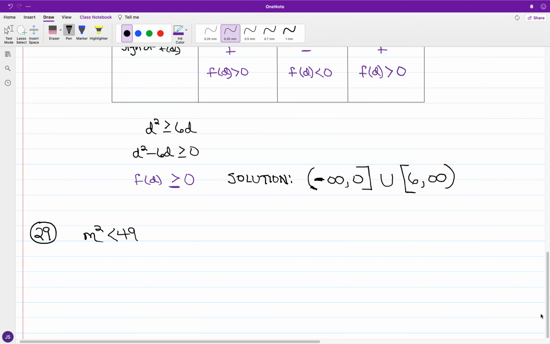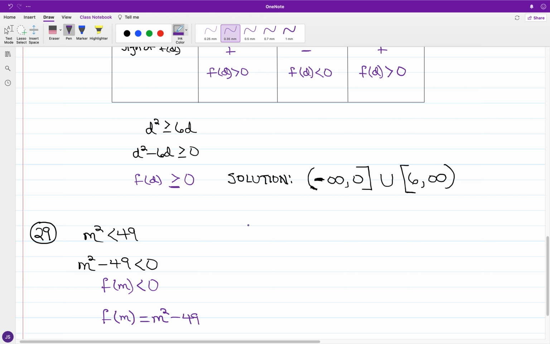As a comparison to 0 inequality, we have m squared minus 49 is less than 0, and in the case of the setup, we can say that we have f of m is less than 0. Right away, f of m is equal to m squared minus 49.